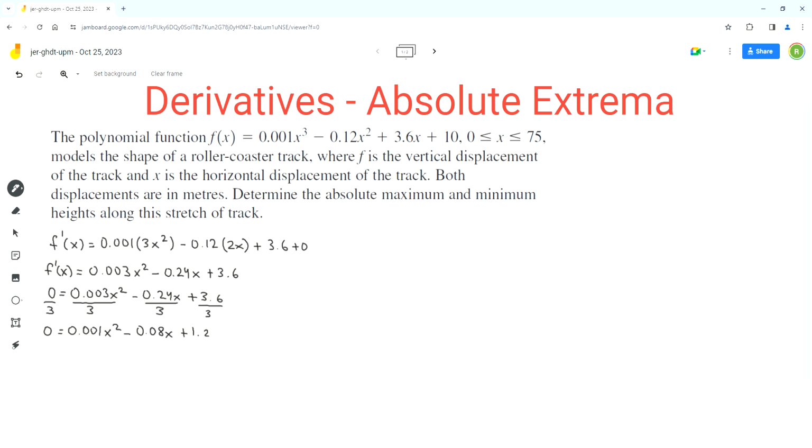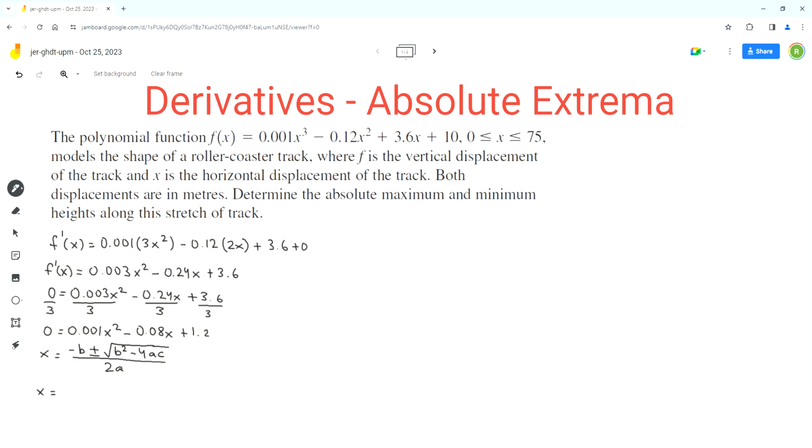So I'll write the quadratic formula: x equals negative b plus or minus the square root of b squared minus 4ac, over 2a. Now in this equation, a is equal to 0.001, b is equal to negative 0.08, and c equals 1.2. So now we can sub in the values.